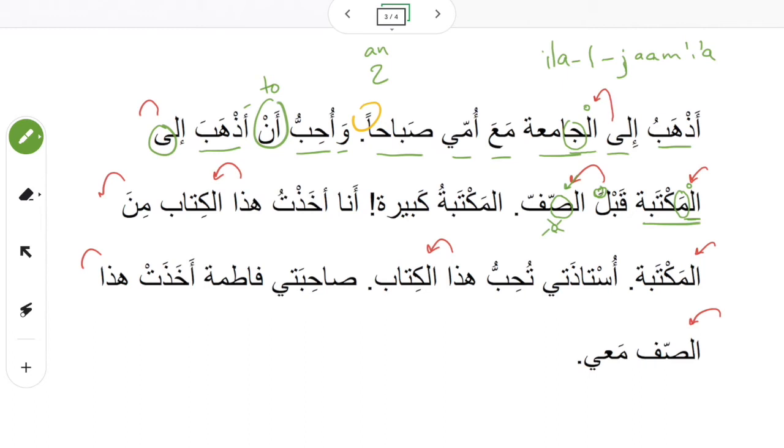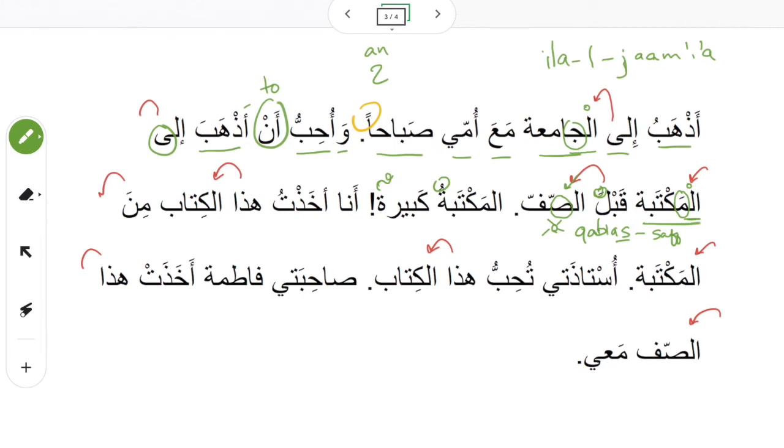So instead of saying qablal, we're not going to pronounce the lam here because sad is a sun letter. Qabla saf. So we're taking the sound of qabla and connecting it to that sad. Qabla saf. وأحب أن أذهب إلى المكتبة قبل الصف. And I like to go to the library before class.